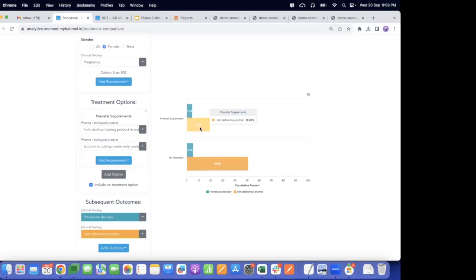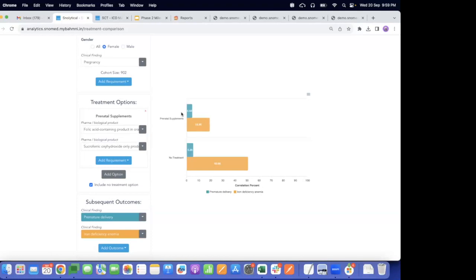So this was drastically improved once the supplements were provided. Secondly, for premature delivery, we can also see a slight improvement compared to the patients who were not provided with anything, right?